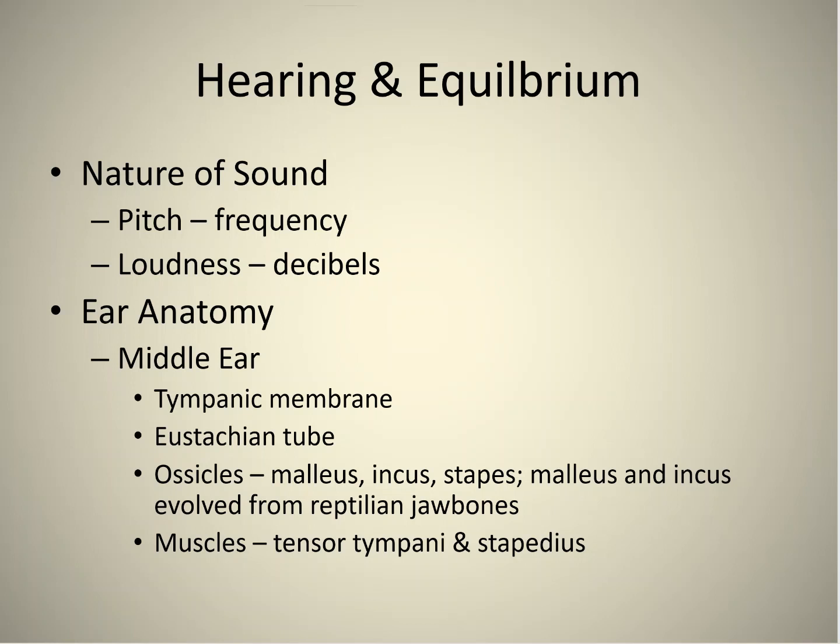There's a eustachian tube, also called the auditory tube, that connects your middle ear to your nasopharynx, and that's to equilibrate pressure across the eardrum. And then there are the smallest bones in your body, the middle ear ossicles: the malleus, the incus, and the stapes. They're also known as the hammer, the anvil, and the stirrup because they look like those things.